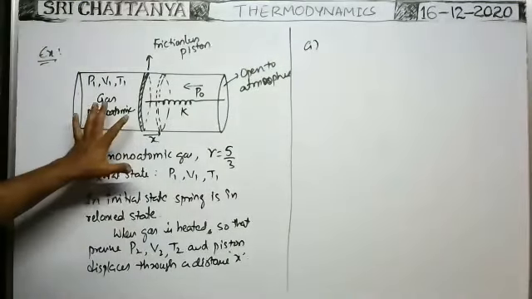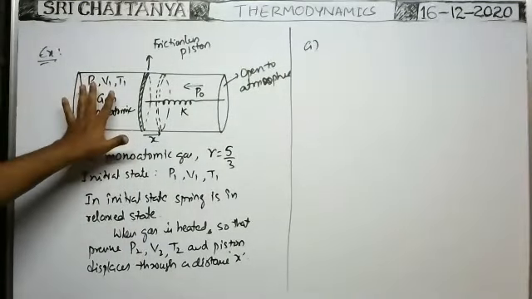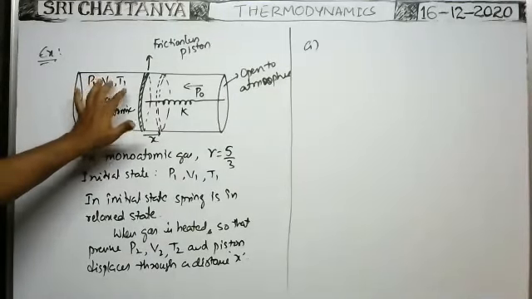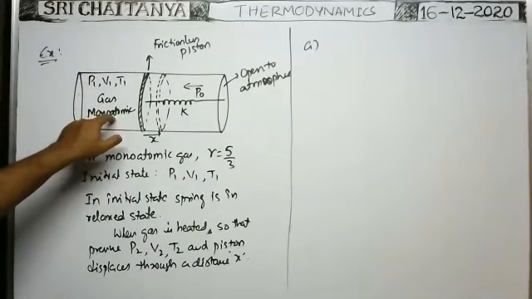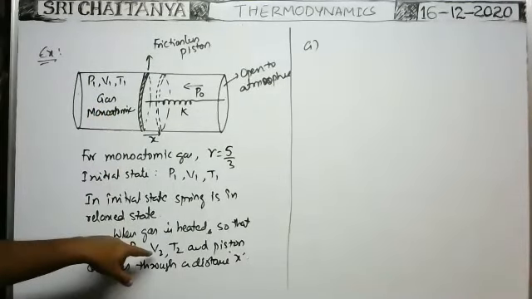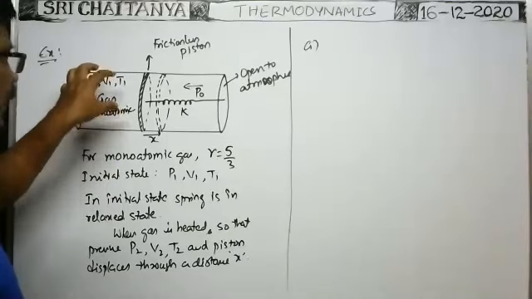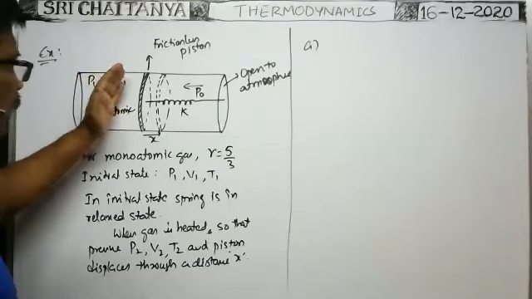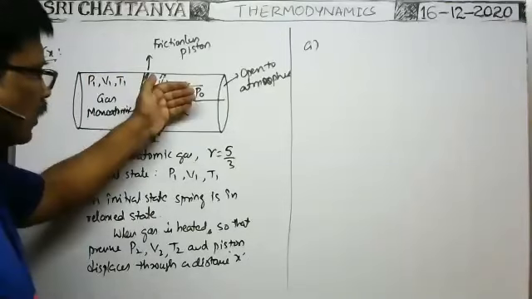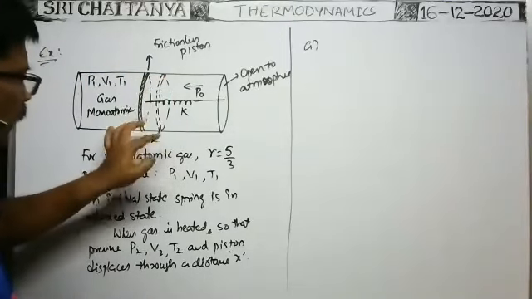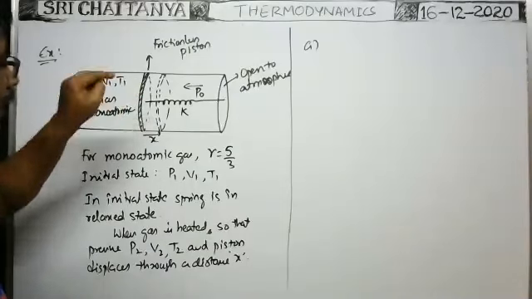Initially, the pressure of the gas is P1, volume V1, temperature T1. When the gas is supplied some heat energy, until the pressure becomes P2, volume V2, temperature T2, definitely the internal kinetic energy of the gas increases, so the pressure increases and pushes the piston outwards. That's why the piston displaces to a distance x, and again it is under equilibrium.